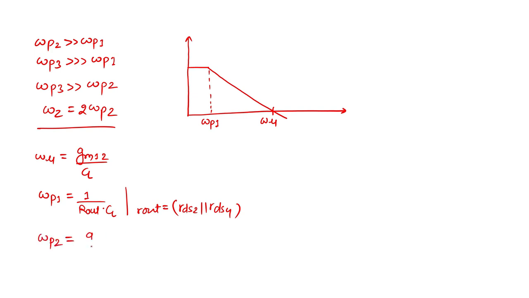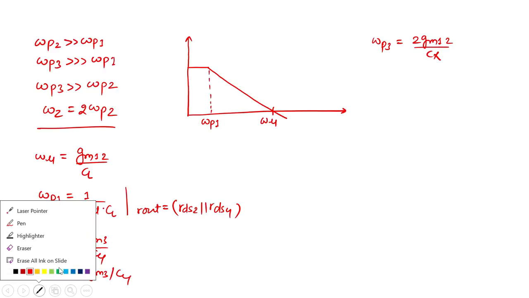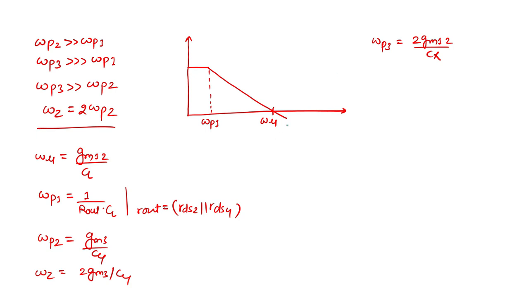Omega P2 is gm3/Cy. Omega Z is equal to 2gm3/Cy. Omega P3 equals 2gm12/Cx. So what I will mention here, this is omega P1.